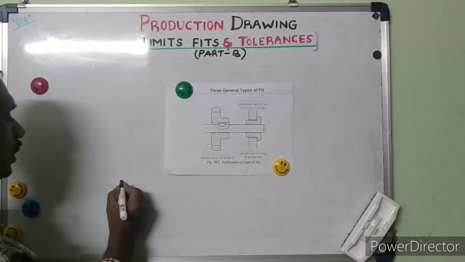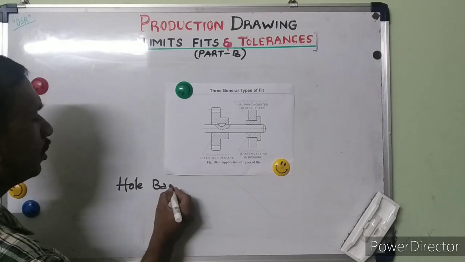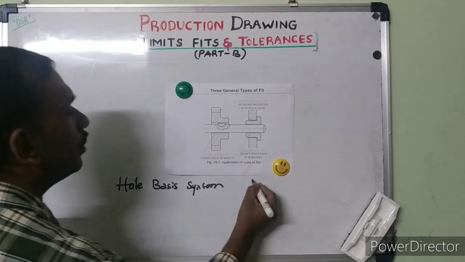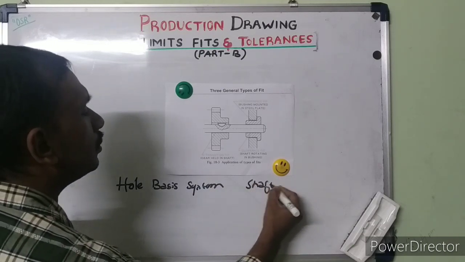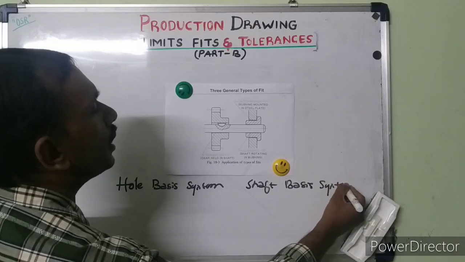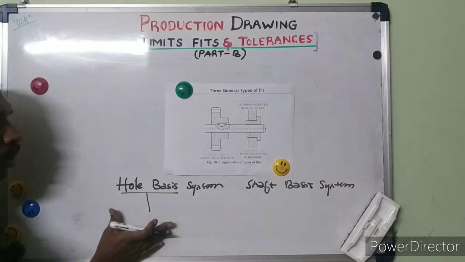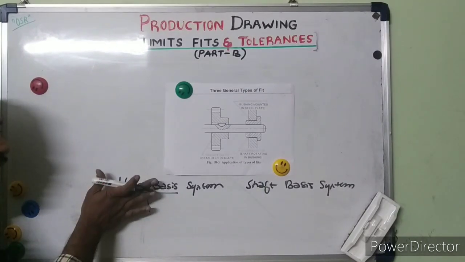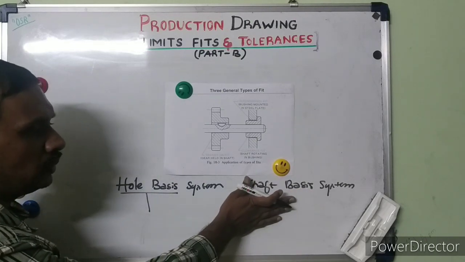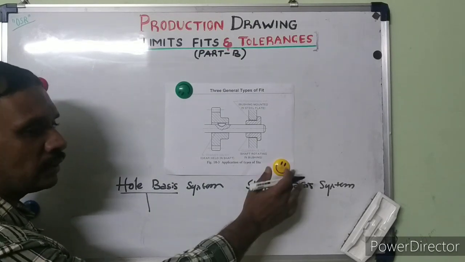That is the hole basis system and the shaft basis system. In the hole basis system, the basic hole is kept constant and we vary the size of the shaft to get different types of fit. In the shaft basis system, the basic size of the shaft is kept constant and the hole varies to get different types of fit.